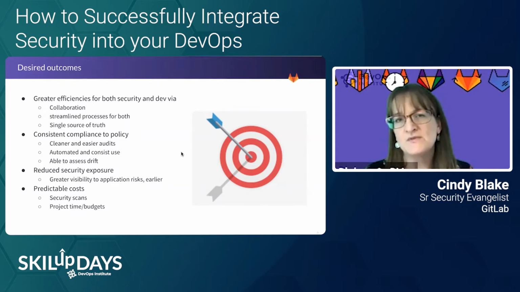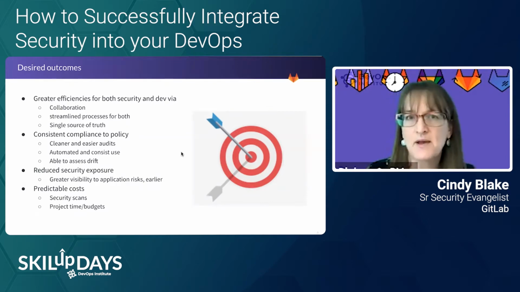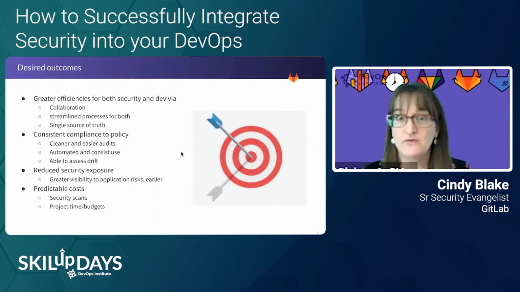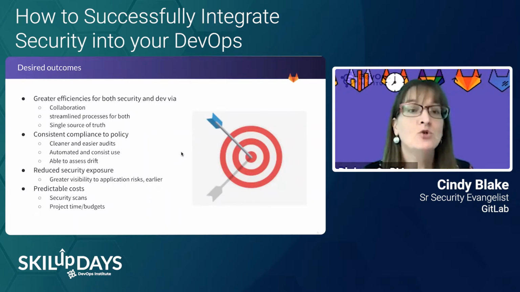So oftentimes we see them after they've tried that path and now they want to simplify. And so having a single platform with the security already embedded greatly simplifies the effort. So efficiency is a key driver here. Another is compliance. They recognize that they need to standardize their CI pipelines and have scans and security measures applied consistently.